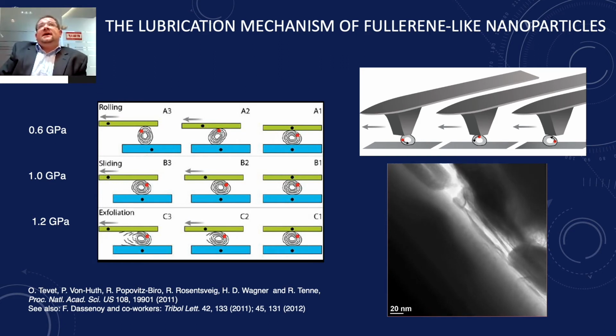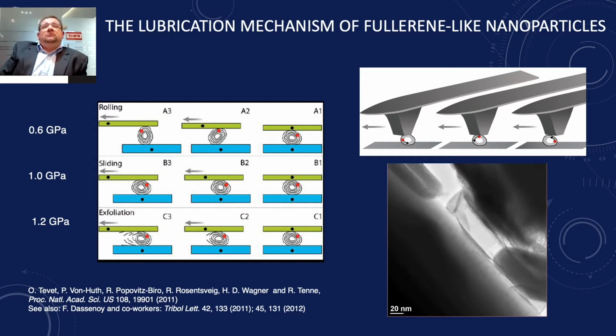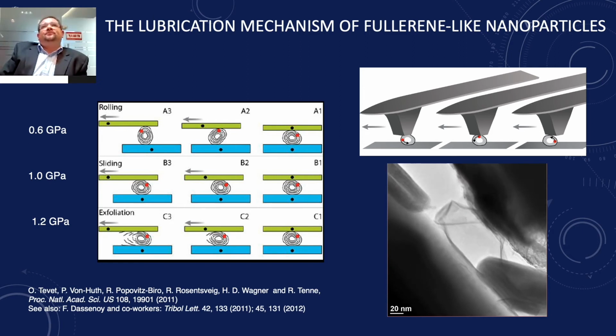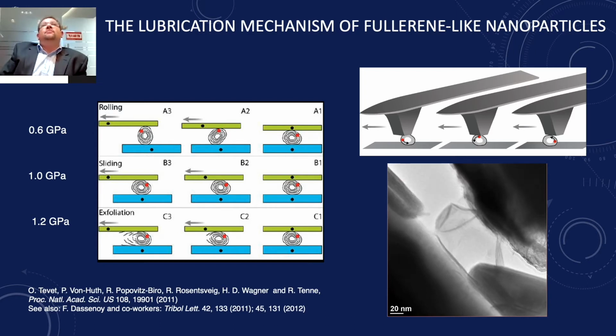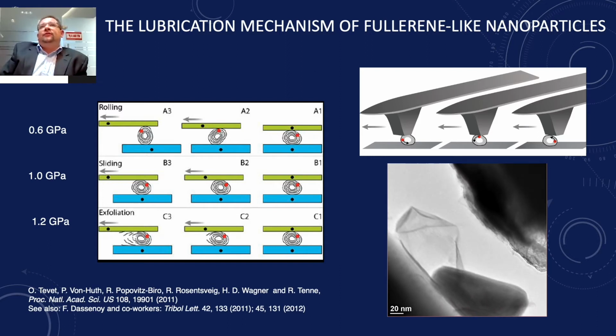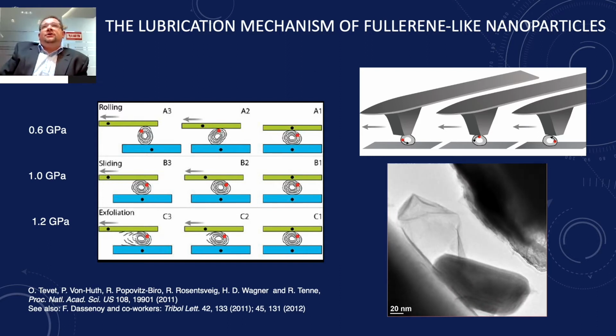At some point, sliding is more typical for the particles, and at extreme pressures, exfoliation, or loss of the external layer, takes place, which leads to another remarkable feature: the forming of a protective layer of tungsten disulfide between contacting surfaces. There is a nice video of an individual particle.